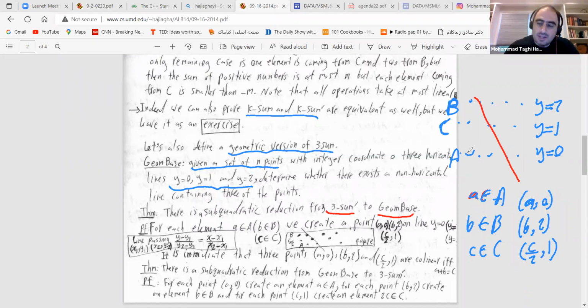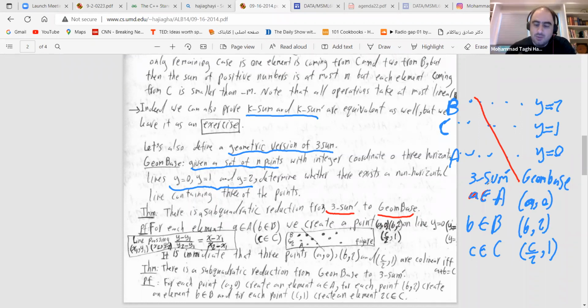So this is the reduction that we are doing, from 3SUM prime to essentially GeomBase. From these numbers, we are actually creating these other numbers.